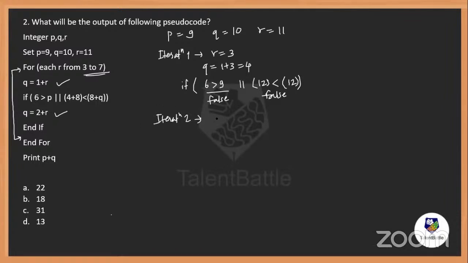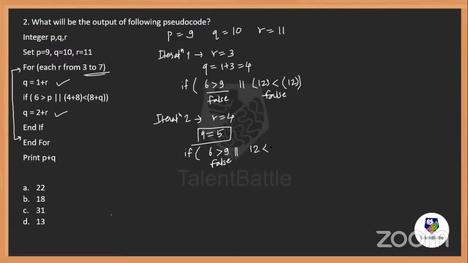Iteration 2, when my R value is 4. Again, calculate the Q. Q is equal to 1 plus 4. That will be 5 now. Check the if condition. 6 is greater than 9, which is false, or 12 is less than 8 plus Q. But Q is 5 now.